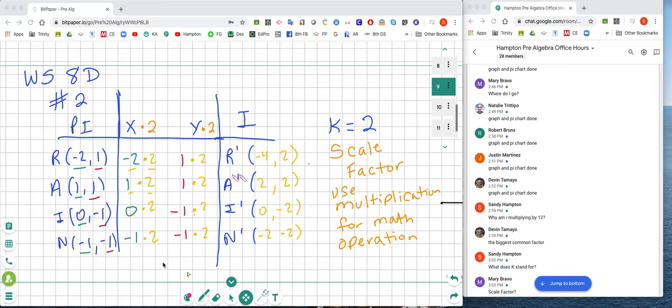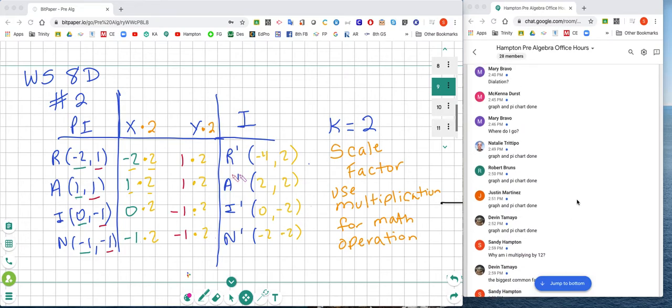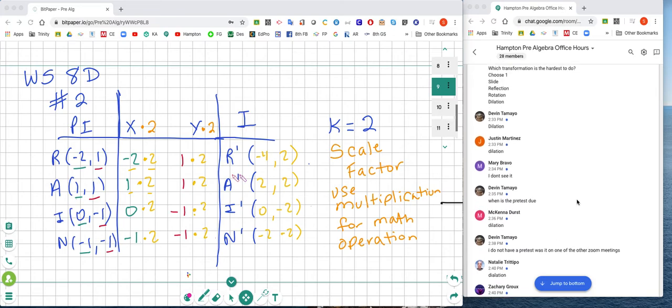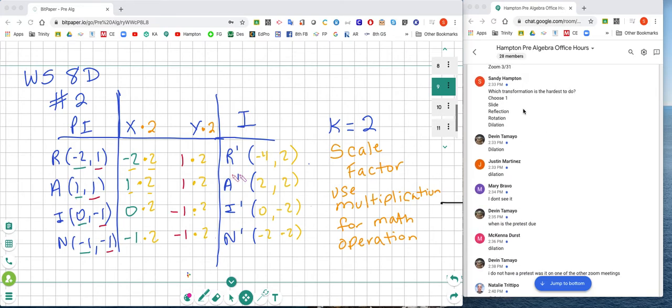Now, over here in our chat box, the very first question that I'd like you to add into the chat is, which transformation is the hardest for you to do? Is it a slide? Is it a reflection? Is it a rotation? Or is it a dilation?